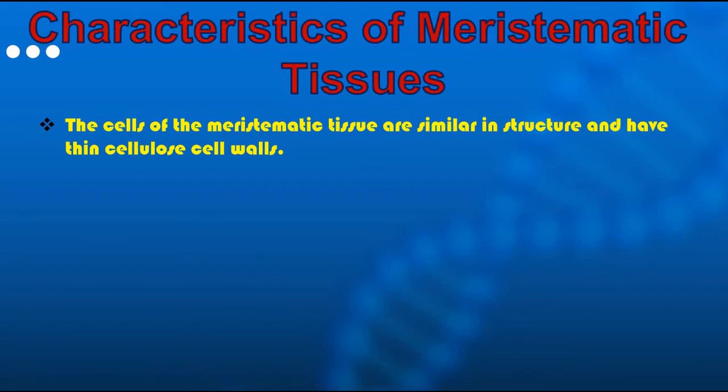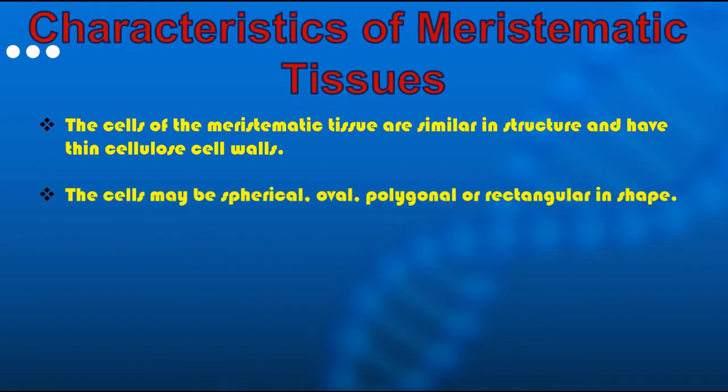The first one is that the cells of the meristematic tissue are similar in structure and have thin cellulose cell walls. The cells are identical with each other, and they have thin cellulose cell walls because they are continuously growing.